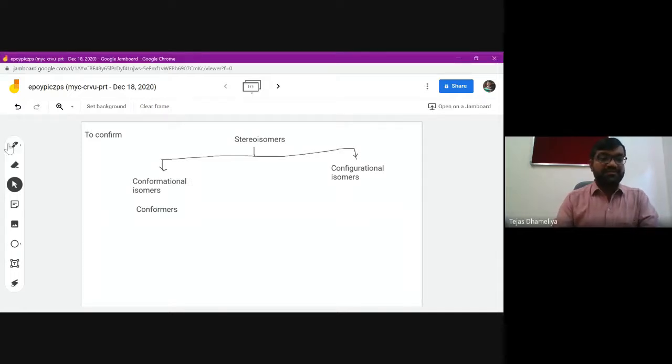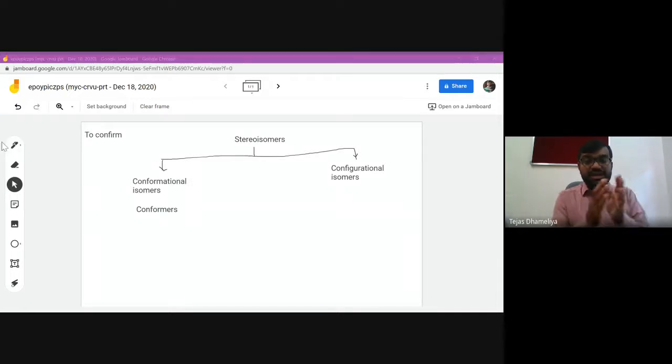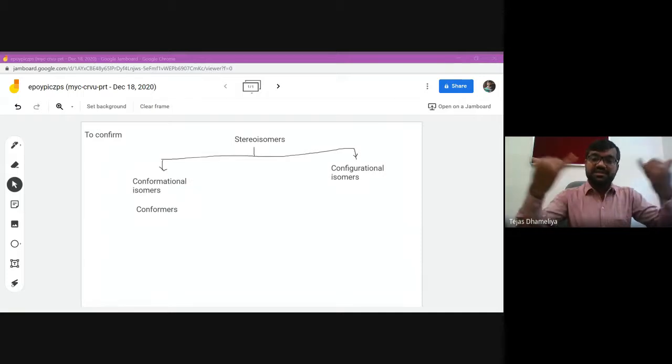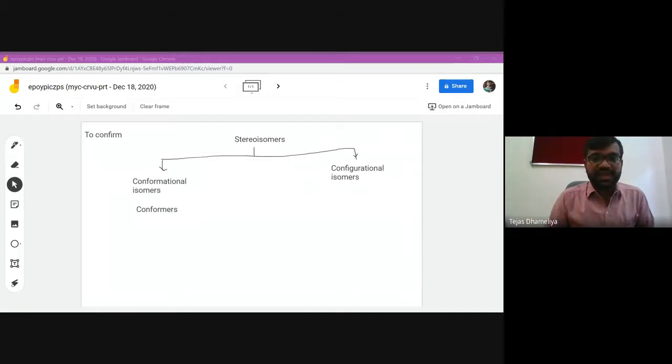So conformers are isomers that differ from each other due to rotation across carbon-carbon single bonds. This can be exemplified in butane. We know several types of these isomers and their examples are available.